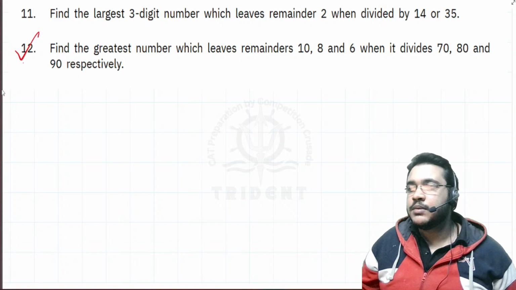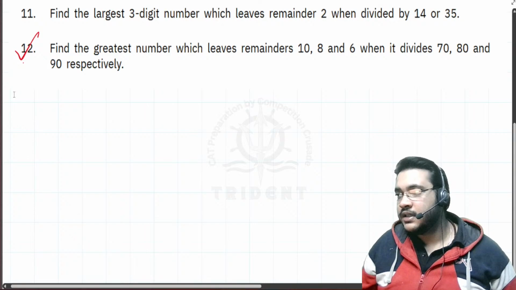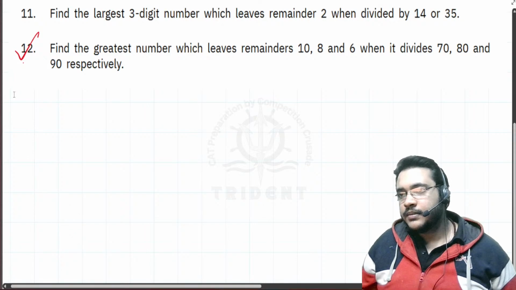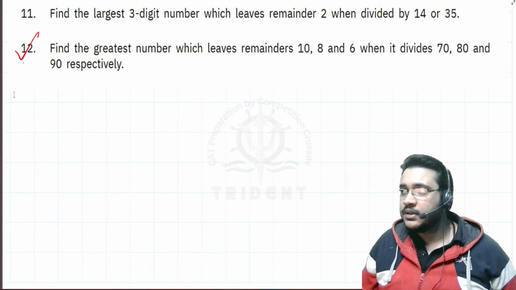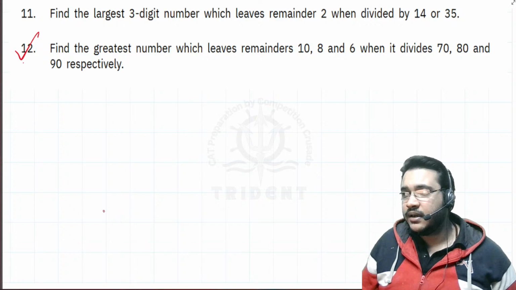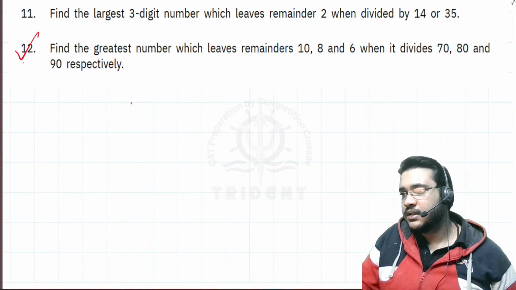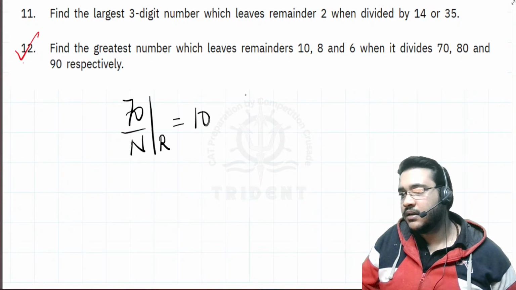Find the greatest number which leaves remainder 10, 8 and 6 when it divides 70, 80 and 90 respectively. So basically there is a number that divides 70. Now what does it mean? The first thing that you need to understand is that 70 divided by n, the remainder should be 10.